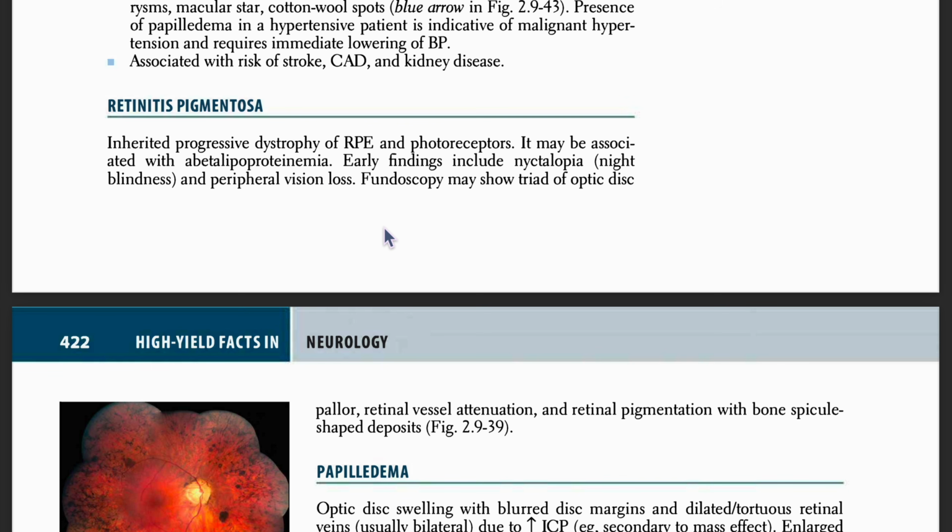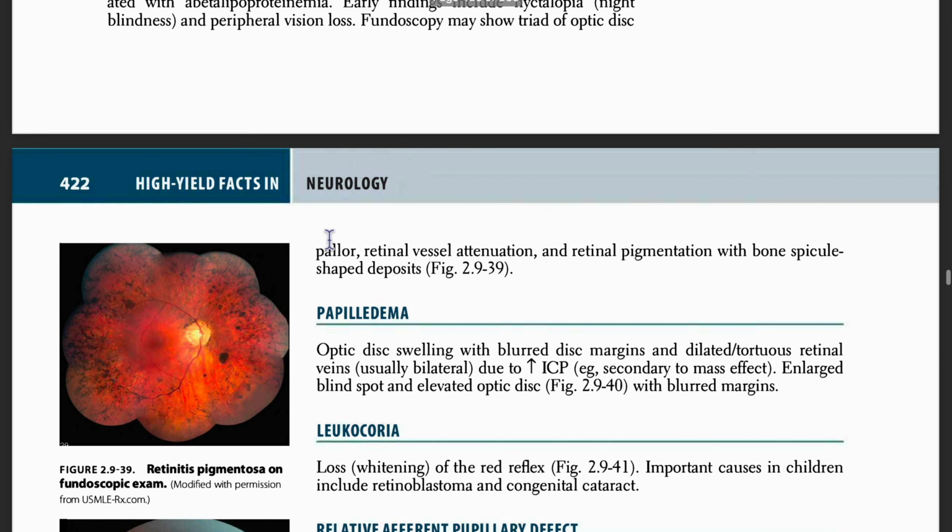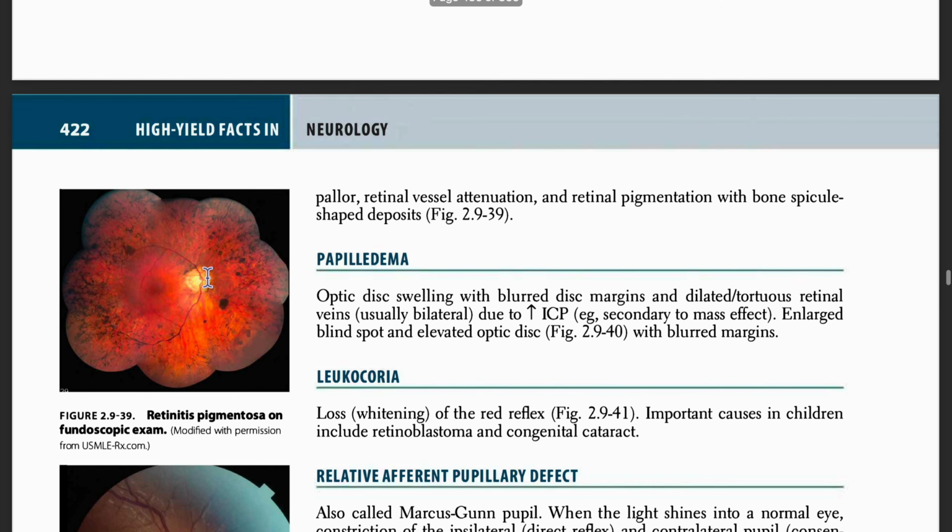Early findings include nyctalopia, night blindness, and peripheral vision loss. Fundoscopy may show triad of optic disc pallor, retinal vein attenuation, and retinal pigmentation with bone spicule-shaped deposits. Okay, so basically this, like a moldy little eye. So that's retinitis pigmentosa. Cool.